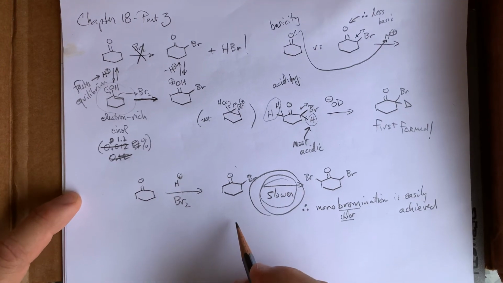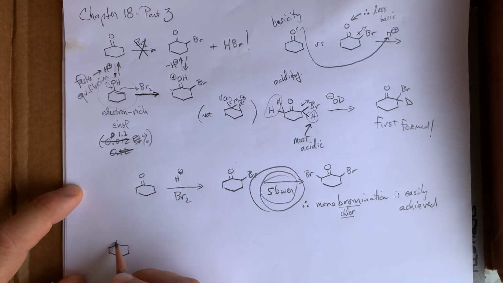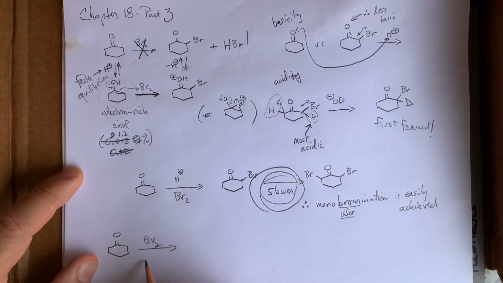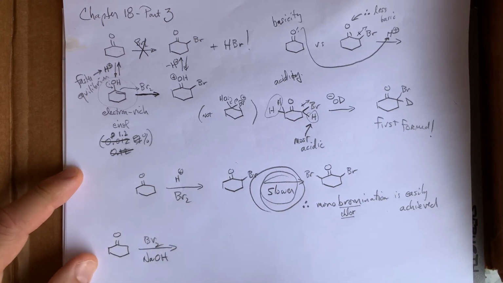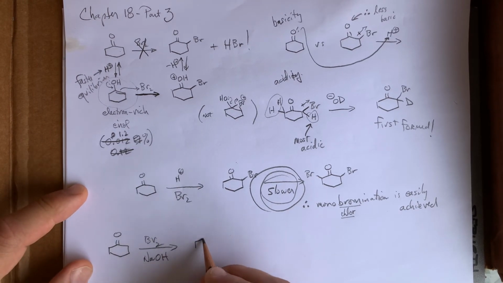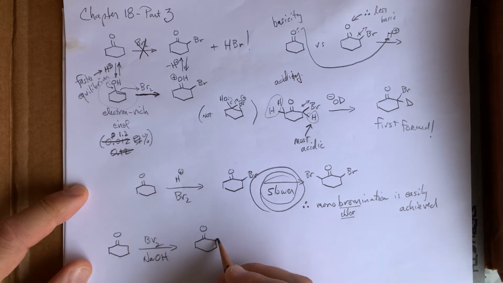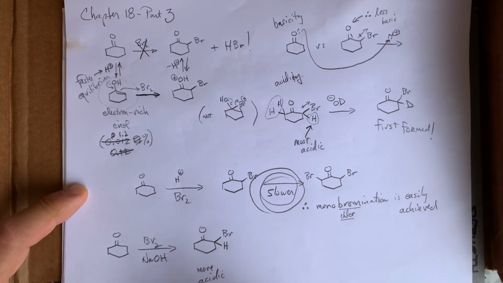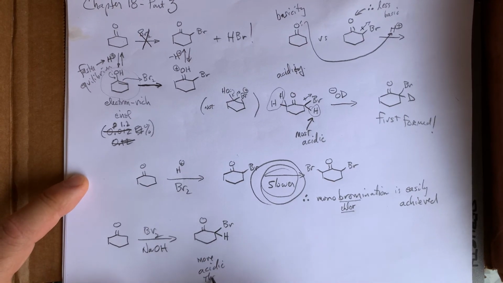If, however, you're brominating under basic conditions, say sodium hydroxide, this proton becomes acidified by the presence of the bromide, so more acidic than the starting material.